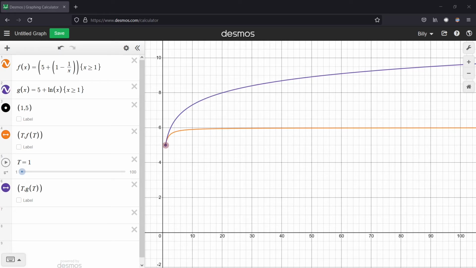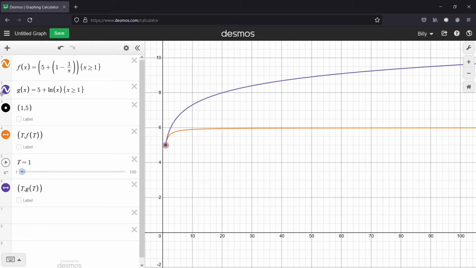And so I just took this opportunity to plot this out in Desmos to show the difference between these two results right here. For the two different velocity functions, we're getting two very different results. The orange curve here is the displacement as a function of time for the first velocity function. And the purple function here is the second case, so when the velocity function is 1 over t.